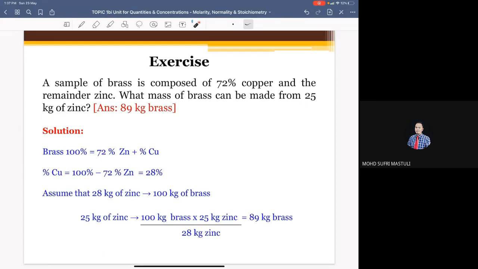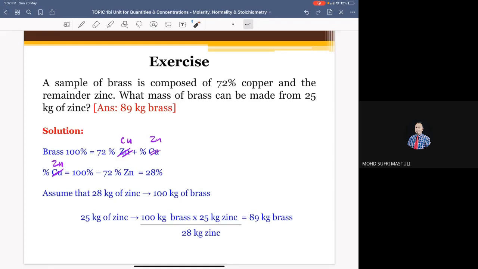So we know brass, 100%, contains 72% of copper plus the remainder, percent of zinc. So the percentage of zinc should be 100% minus 72, which is 28% of zinc.